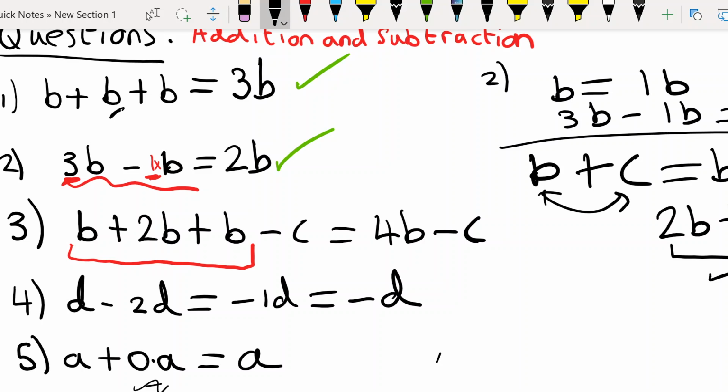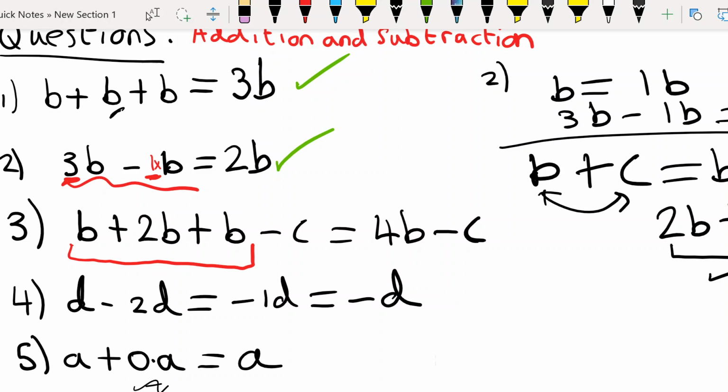So X add 0X is just X, or Y minus 0Y is just Y. Okay. And remember, don't forget, this number is multiplying your variable. 2 lots of bananas, 2 times B, 2 lots of bananas, 2 D's, 2 dogs, whatever. Okay? Alright, so that's addition and subtraction.